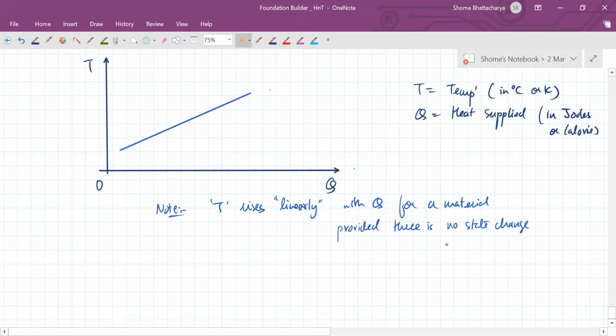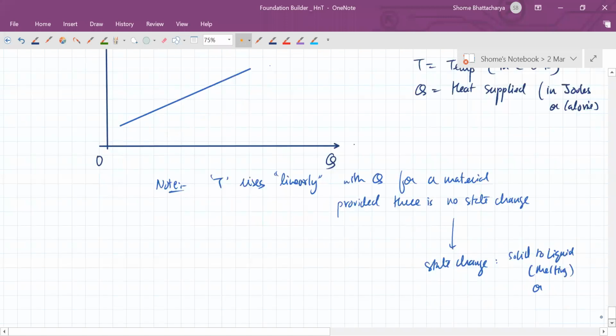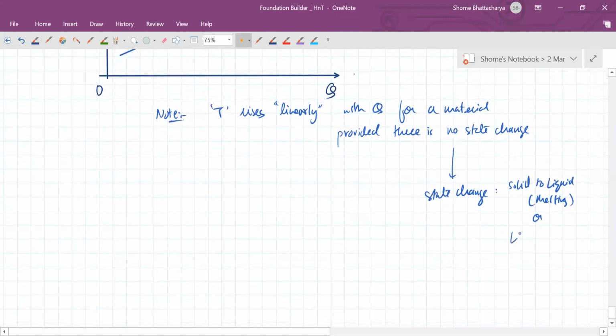So state change would be solid to liquid, the process is called melting, or liquid to gas, the process is called boiling or vaporization.